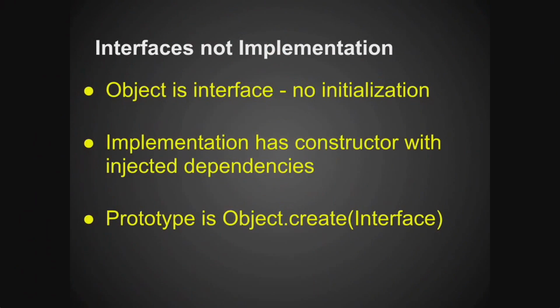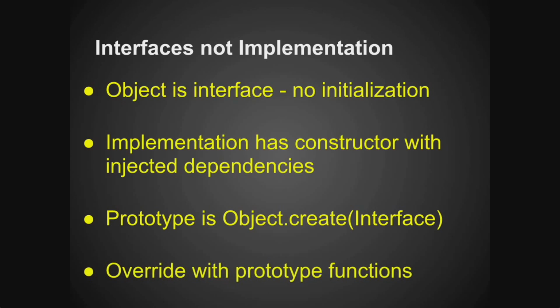And then I state my intention to the world that, hey, I'm going to implement this interface by setting my prototype equal to it. And then finally, in the actual implementation object, I go ahead and override all those interface methods. And now I have an actual implementation of that interface.